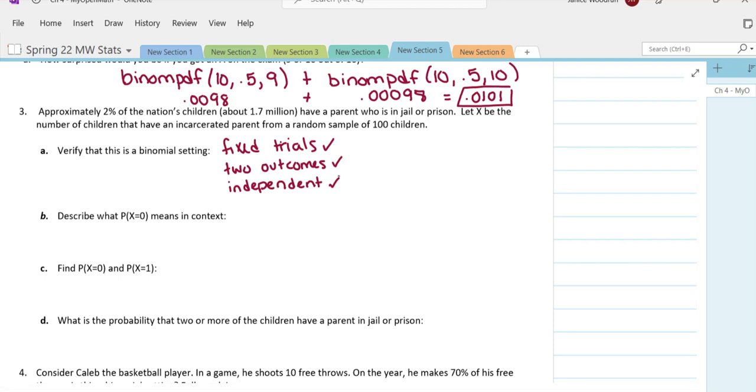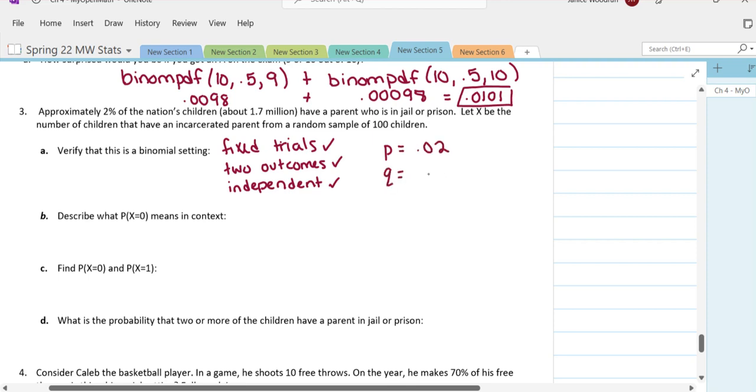All right, and then what do we have? P and Q. So P would be 2%, the probability that a parent is incarcerated, which means Q would be 0.98. All right, so P of X equals 0. What does that mean?